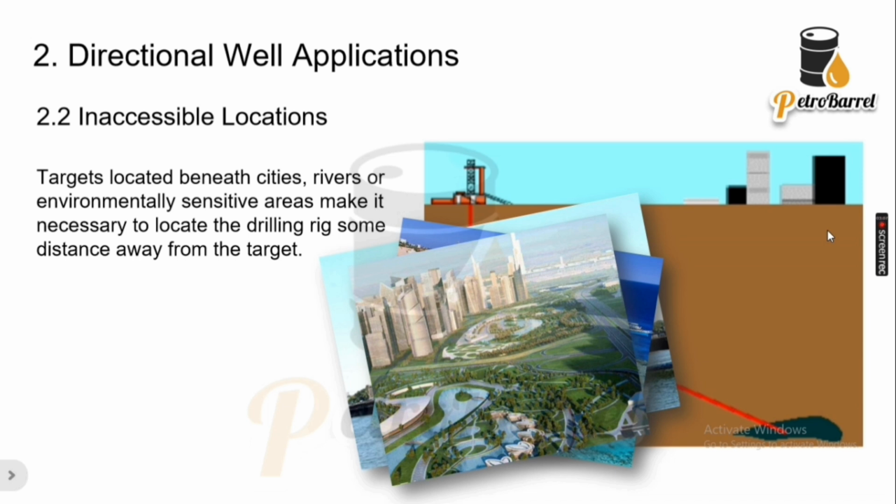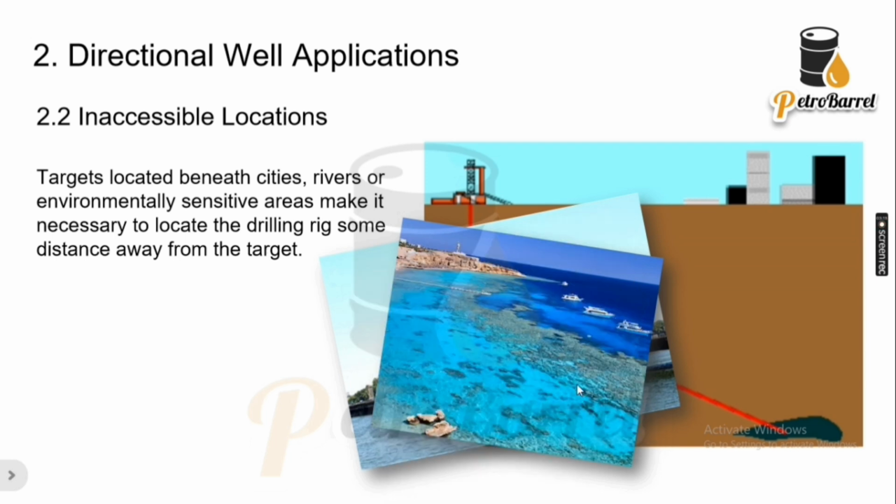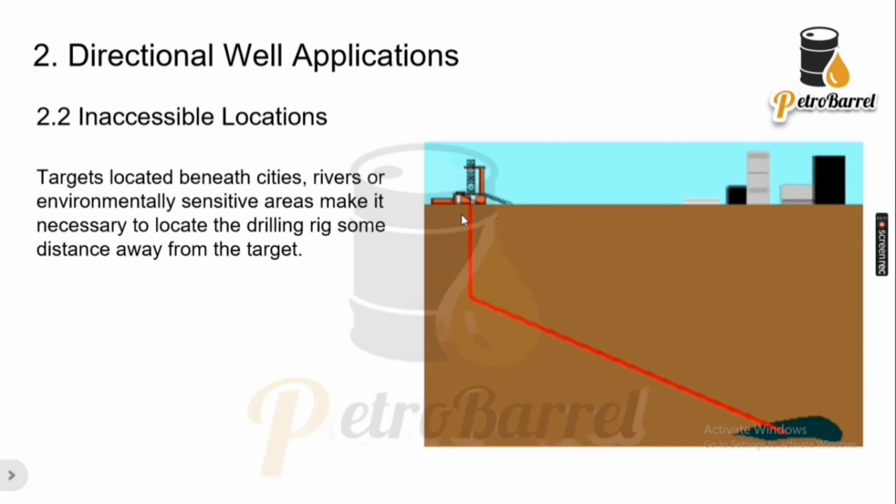So it is impossible to put an oil rig through or inside this beautiful city, but you can use directional drilling technique by drilling a vertical section. Then we will build an angle to reach our target or reach our reservoir.